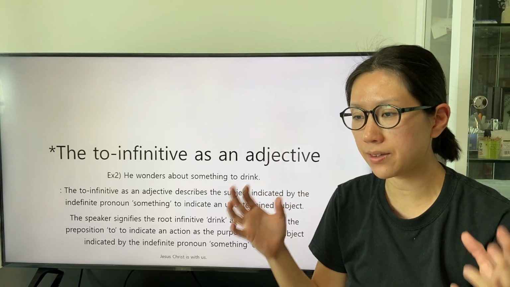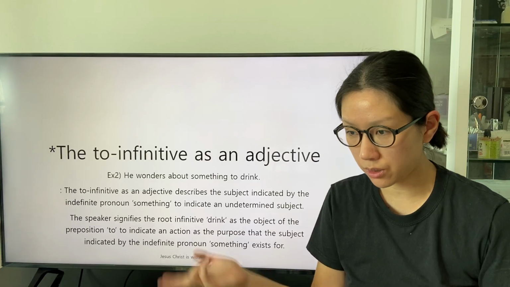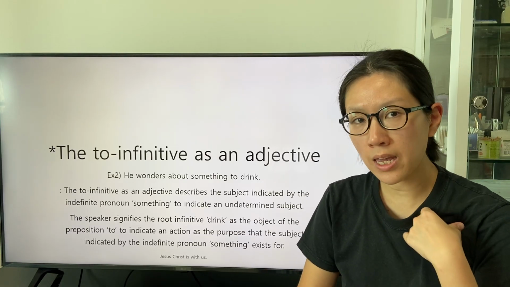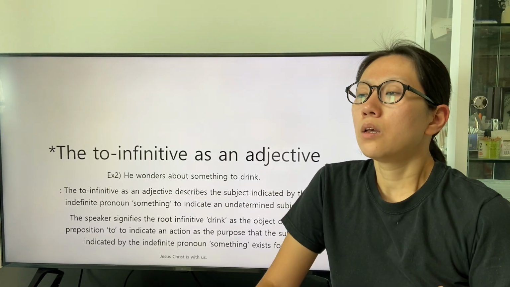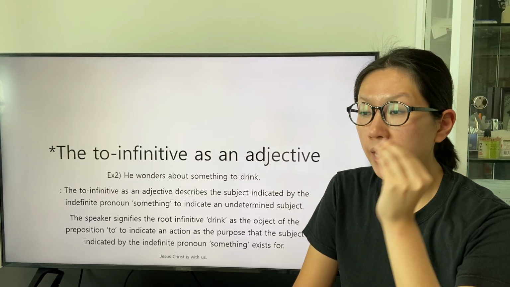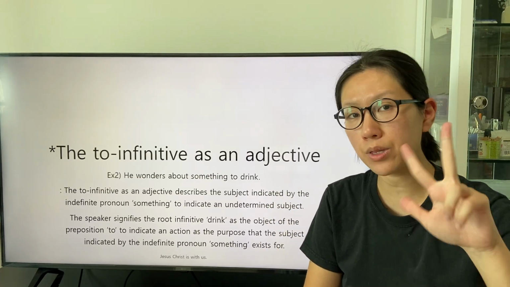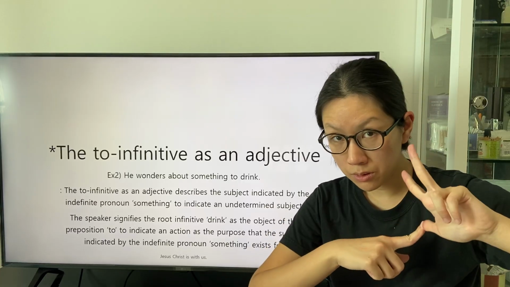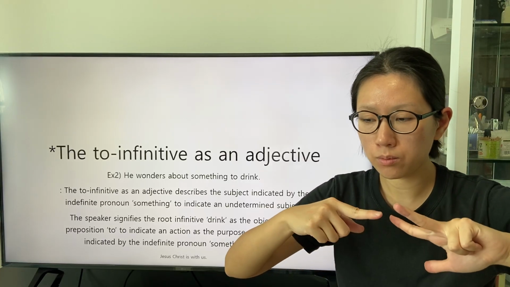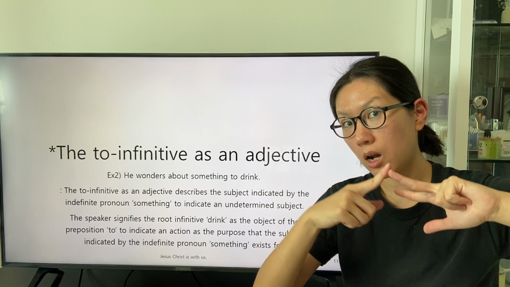After the to infinitive is applied in a clause, the listeners can understand which trait the to infinitive has among the three traits: a noun, an adjective, or an adverb.